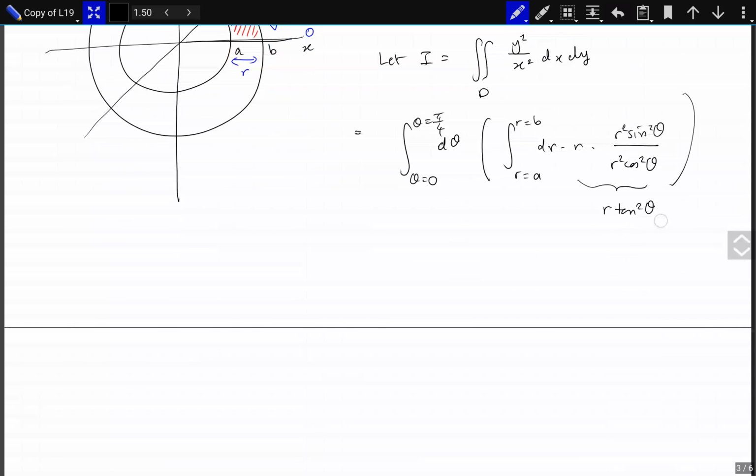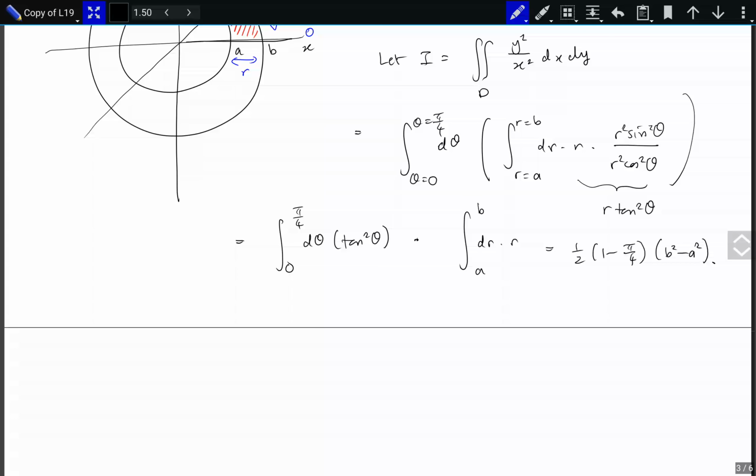And since tan squared theta is just a constant with respect to r, this whole integral becomes a product of two one-dimensional integrals, and this is just equal to, as a hint, tan squared is equal to sec squared minus 1.